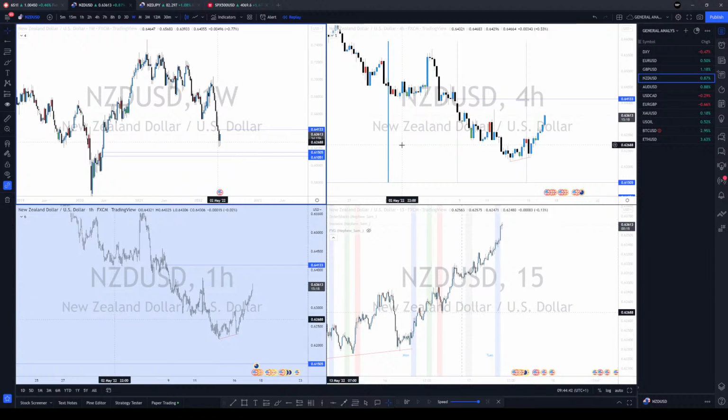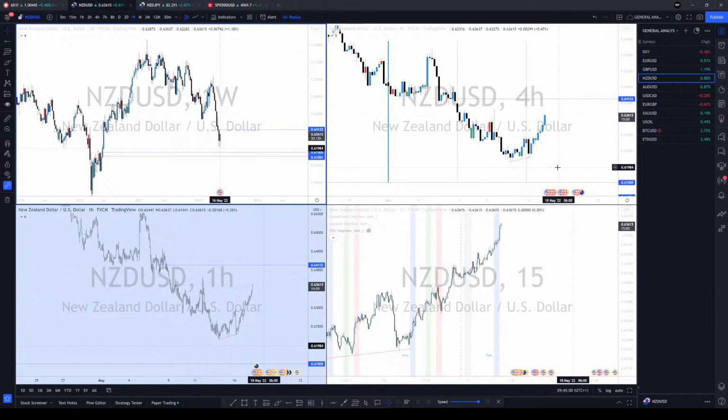I'll show you an example on Euro Pound when we go to Euro Pound, because yesterday I got a nice sell off from that run that happened. So either they're going to go above this high into that imbalance, and then sudden death of New Zealand, or they're going to go for the previous week high, and then it will come back down again.